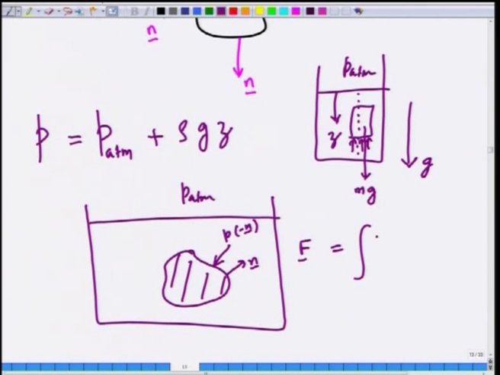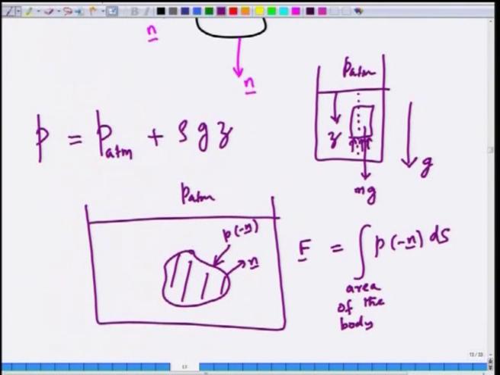You simply have to integrate P times minus n over the surface area of the body. Then you will get the net force due to pressure that acts on submerged or partially submerged objects and so on.